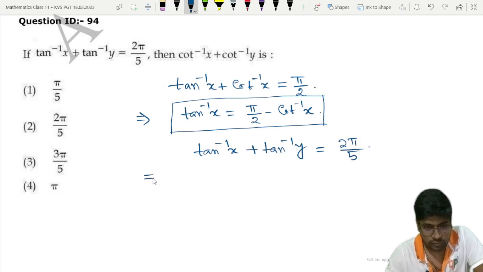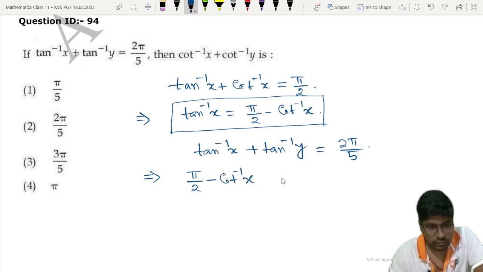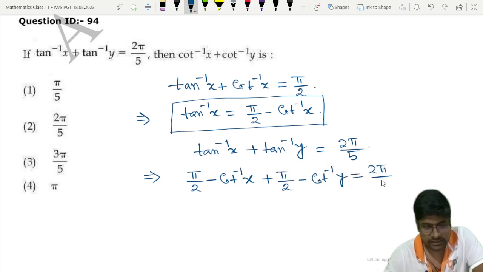So now just put the value of tan inverse x, that is nothing but pi by 2 minus cot inverse x, and tan inverse y we can write as pi by 2 minus cot inverse y, is equal to 2 pi by 5.